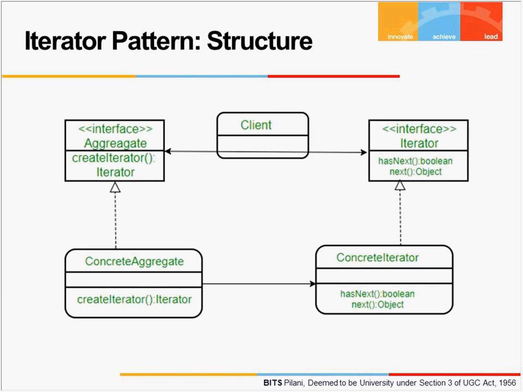It will be more clear as we go through the implementation. The structure of the iterator pattern has an aggregate interface. The important method to note in the aggregate interface is createIterator. The aggregate interface provides a method which has to be implemented by every concrete aggregate.